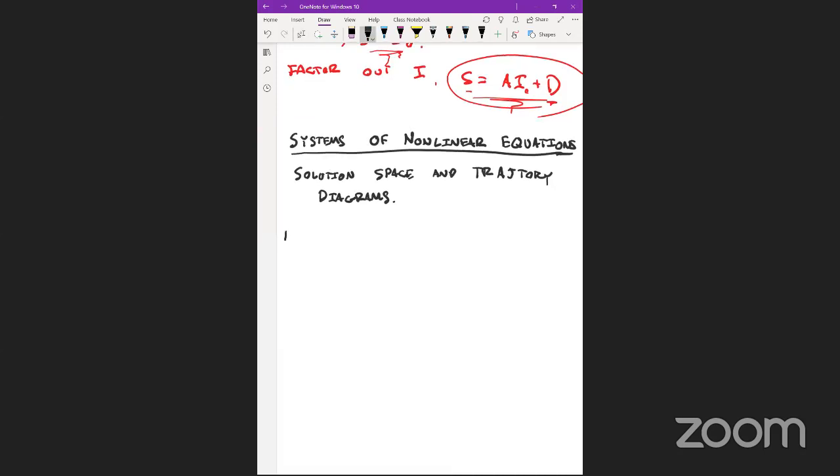Let's start with an example. Let's return to one of my favorite systems of differential equations: dx/dt equals minus ay, dy/dt equals ax.